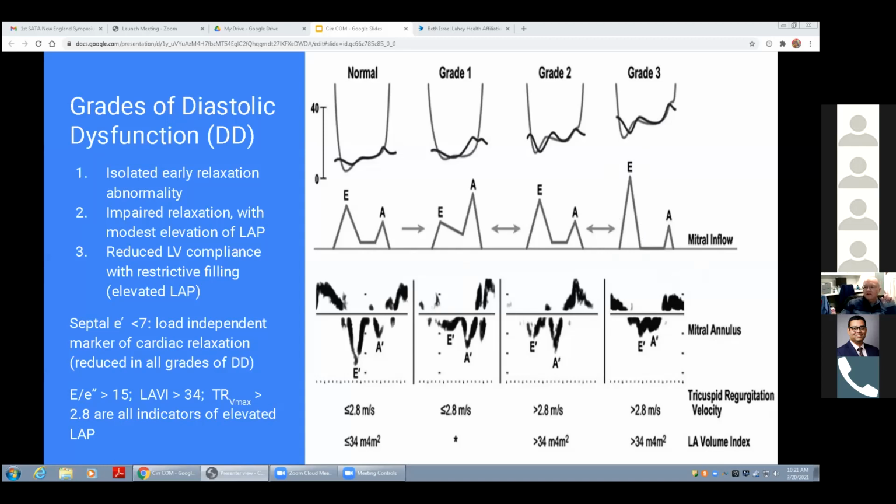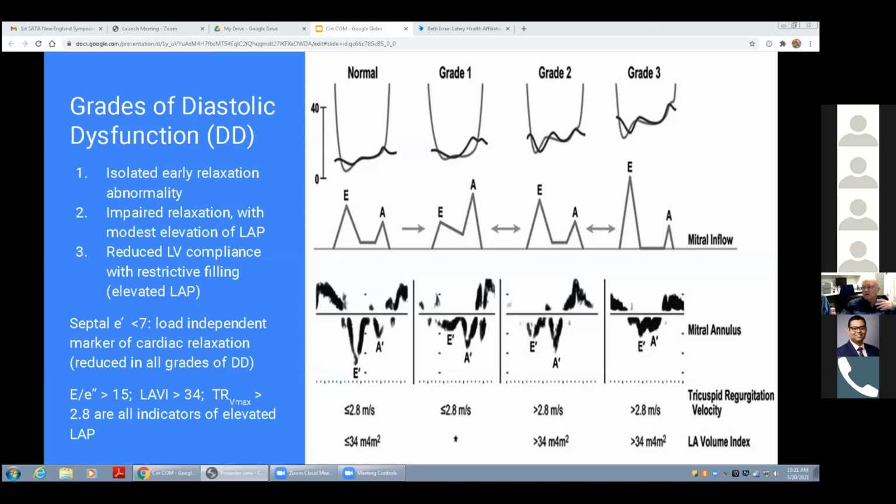Echocardiographic diagnosis and grading of diastolic dysfunction is really based on 4 parameters: E prime, which is the third row here, the E to E prime ratio, which is the early mitral inflow velocity, the big E, to the E prime, left atrial volume index, and TR velocity.